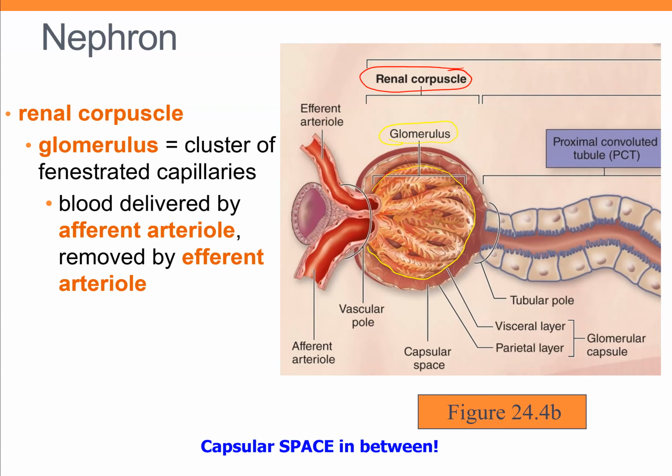These are fenestrated capillaries, and if you don't remember what that means, you should go back to the blood vessel chapter 20, and review that. Fenestrations mean that there are slit-like openings, like little windows in between the cells, and that's crucial to the function of this glomerulus and of the nephron.